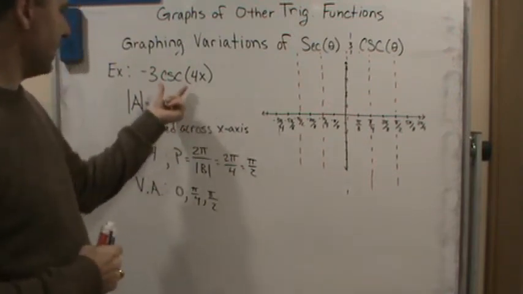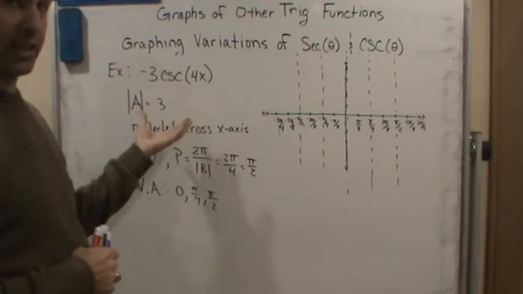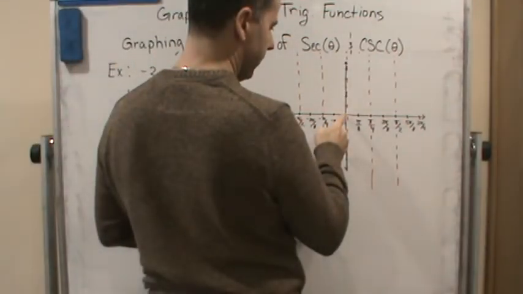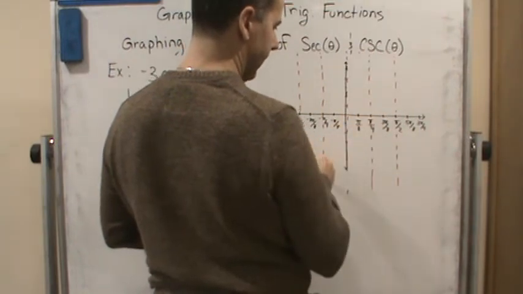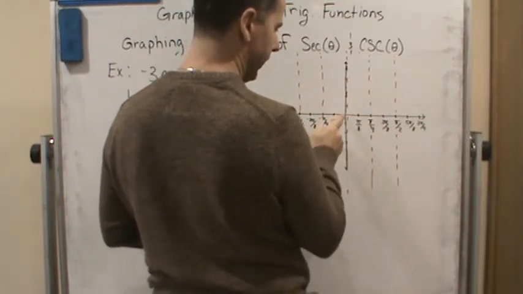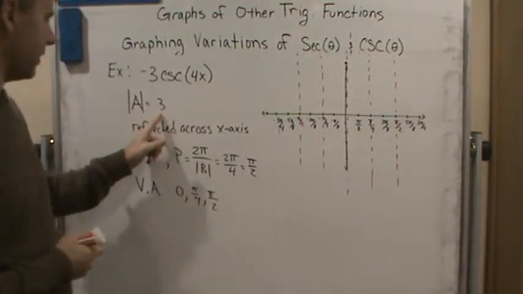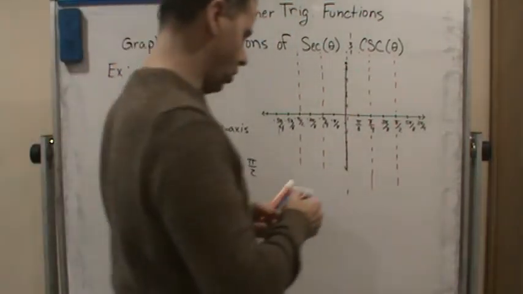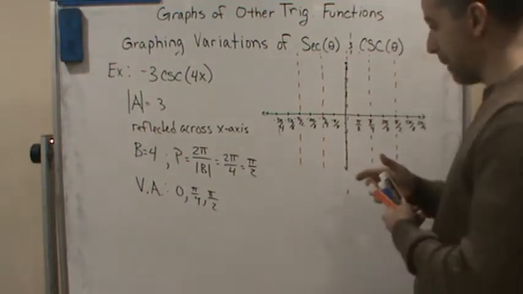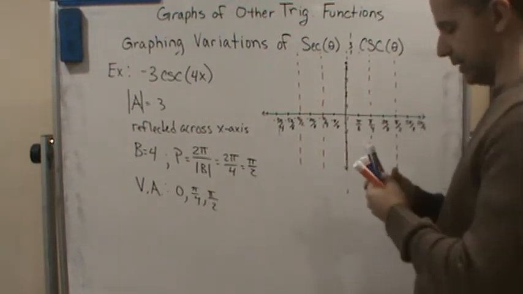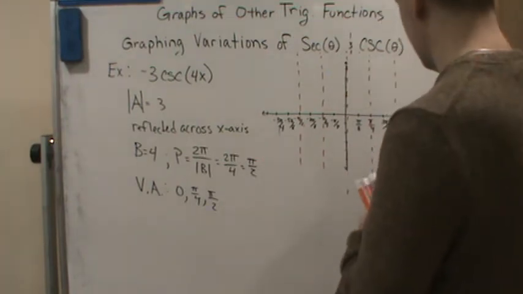Now because this is a reciprocal of sine, we can use the sine function to help us. The sine goes through the x-axis at the intercepts, but it goes up. A tells us that the amplitude of the related sine function is 3.